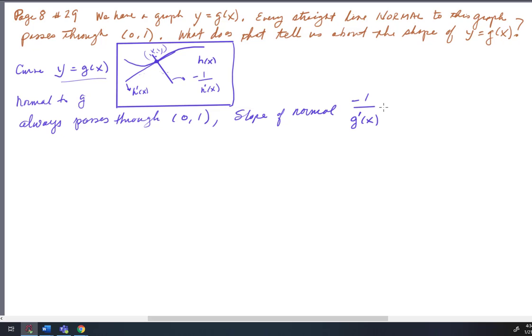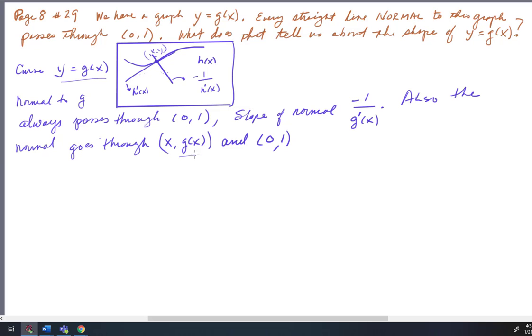Also, the normal goes through x, g of x, because it touches the g curve at x, g of x, and it goes through 0, 1 because that's given in the problem: every normal to y equal g of x goes through 0, 1.